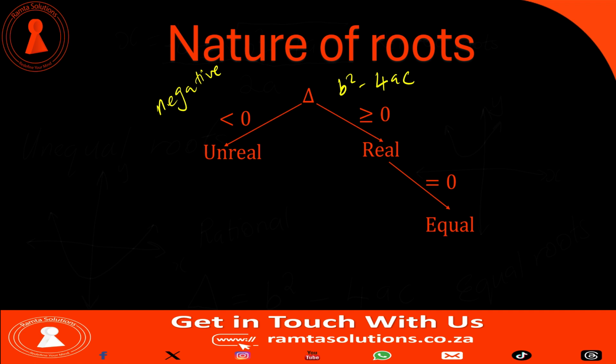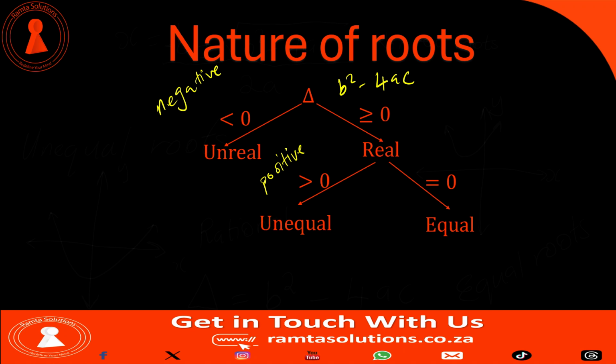If your discriminant is equal to 0, you say your roots are equal. Now if it is greater than 0, meaning if your discriminant is positive, your roots are unequal.